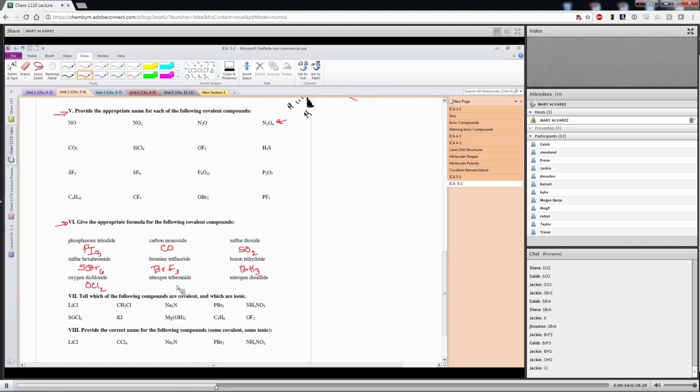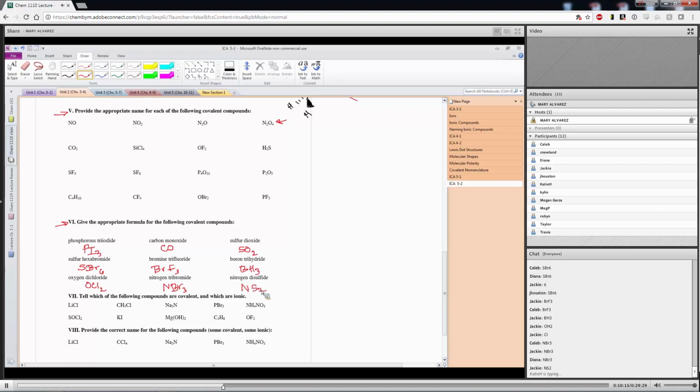That's what you meant. Okay. Nitrogen tribromide. I can put one like this on the test, right? Nitrogen disulfide. Oh, you guys are pros.